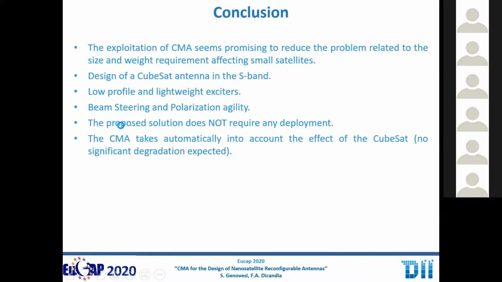Another very important thing is that we do not require any deployment of the antenna, which may sometimes cause the failure of the mission. And also, it is intrinsic in the characteristic mode analysis that we automatically take into account the effect of the platform. Actually, we are really exploiting it.